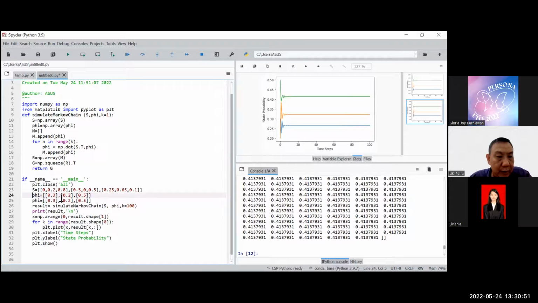Yes, that one you can comment. And you can get the last value here. Your last value is not the same as Joy's. So this is the last, this is the 0.5, you change that.